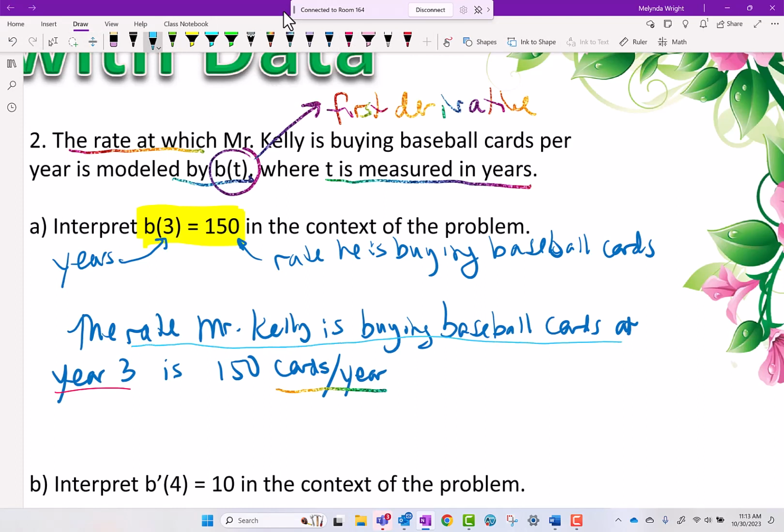The rate, and we need to write this here: the rate that Mr. Kelly is buying baseball cards at year 3 is 150 cards per year. Okay, so questions on that?